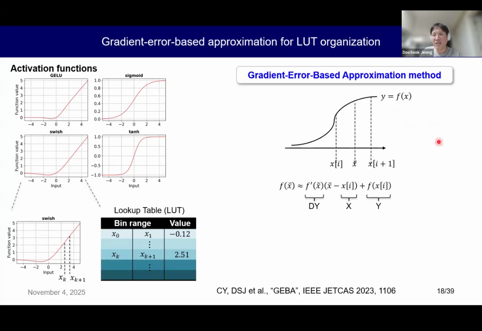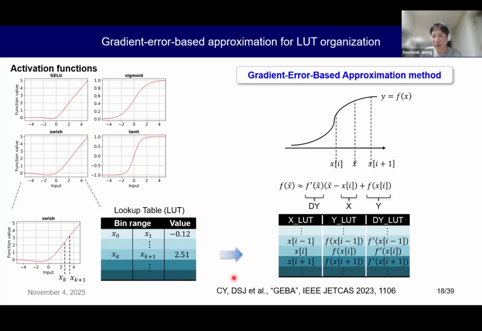So the idea is that rather than just organizing the lookup table in this way, we can organize the lookup table in this way. We have xi and xi plus one. So you have this lookup table column for x, and this is the corresponding y value, the function value.